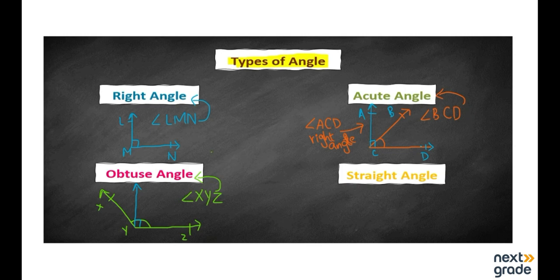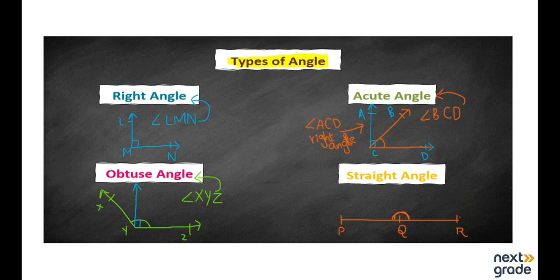So the next we have is called a straight angle. ठीक है? Straight angle में if we have a line like this, इसको हम कह देते हैं ये P है, this is Q and this is R. ठीक है? And there is an angle formed over here. एक straight line पे भी angle form होता है.